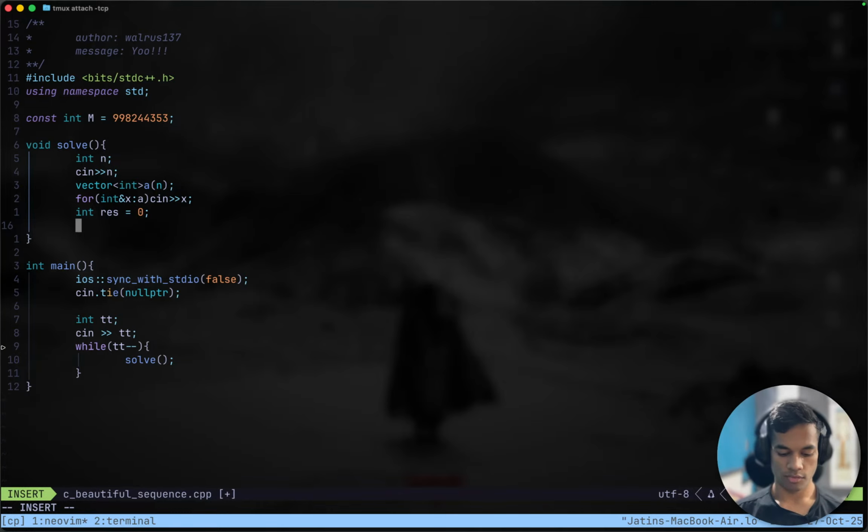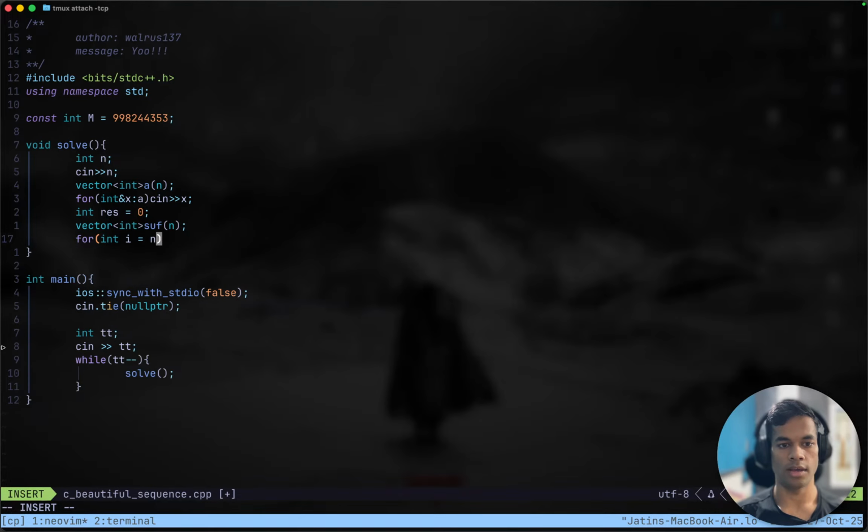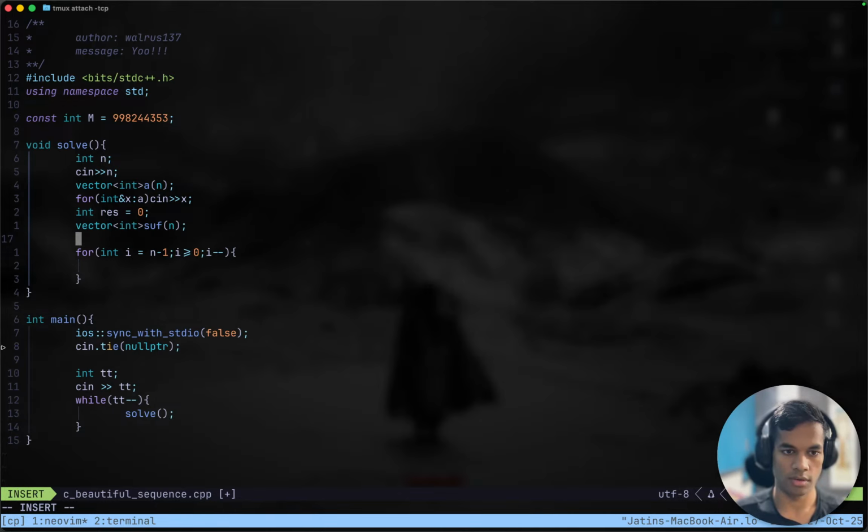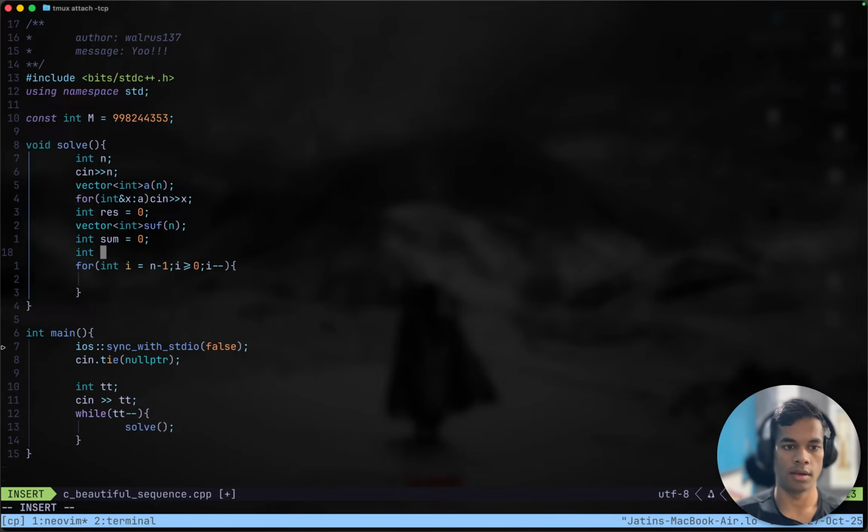After this vector, I will even copy the names, suffix n, right? And for int i equals n minus 1, i greater than or equal to 0, i plus plus, i minus minus. This was actually good. And count of 3 equals 0.